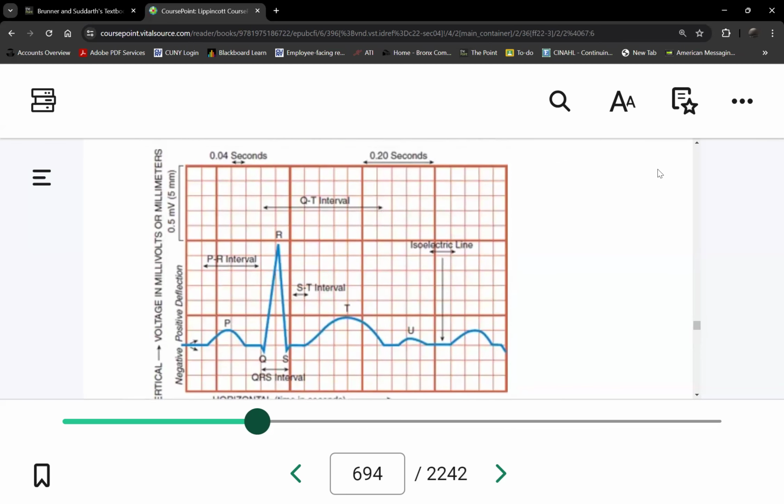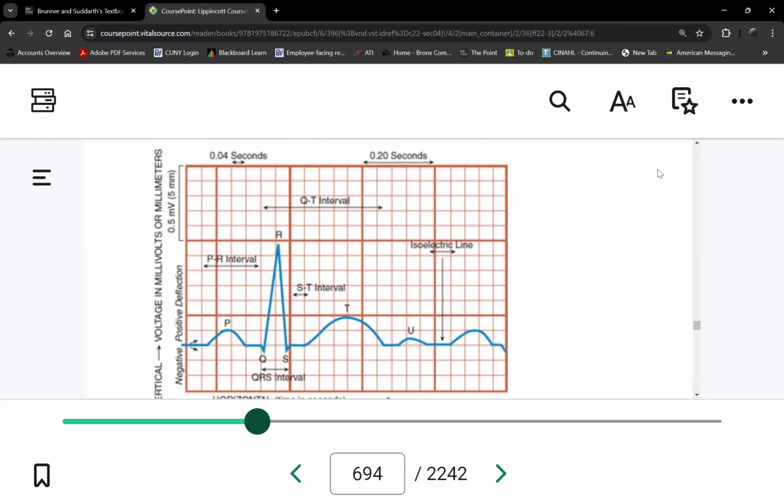This is an ECG paper. An ECG paper has two sets of lines, horizontal lines and vertical lines, correct? That will help us. The horizontal lines measure time in seconds, whereas the vertical lines measure voltage in millivolts. I repeat, horizontal lines measure time in seconds. Vertical lines measure voltage in millivolts.